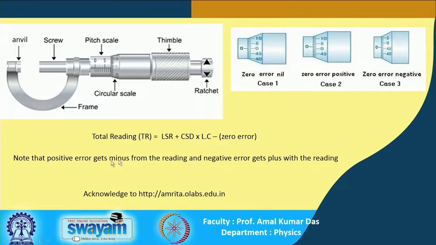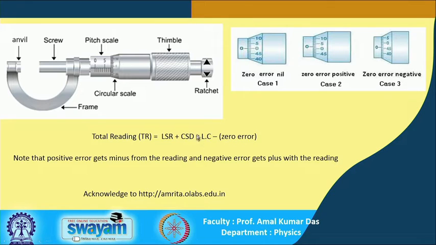The total reading is the linear scale reading, which in the vernier we called the main scale reading, plus the circular scale reading, which there we called the vernier scale reading, into the least count, LC. The Vernier constant there is the least count here, minus the initial reading. So that is the zero error.